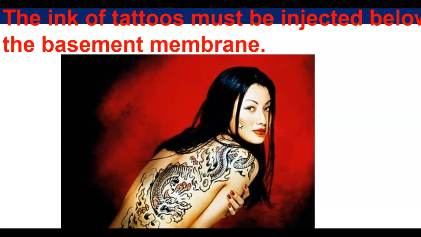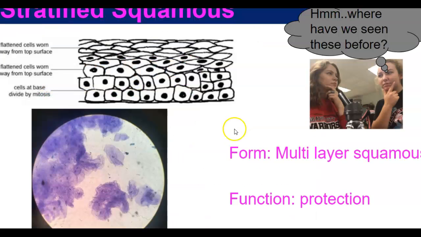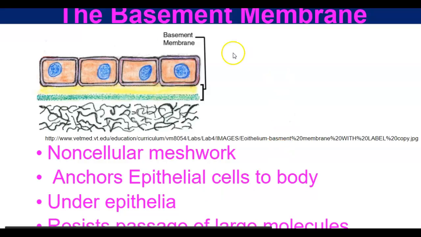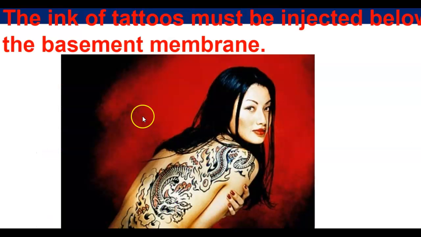The reason why a tattoo stays, and I'm going to go back one, is that the ink goes through the layers of the epithelial cells down past this basement membrane and sticks the ink down this far. And when it sticks it down this far, these cells don't work their way up. These cells work their way up and start to shed off. These things down here don't in skin. So that is how a tattoo works, okay?